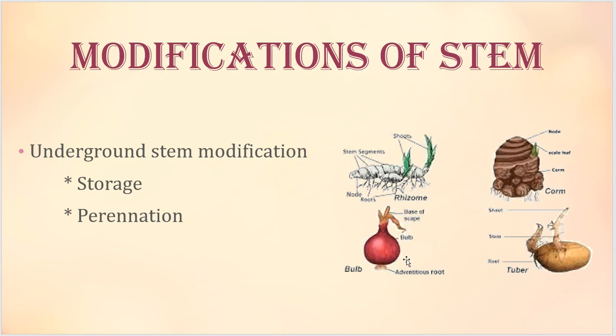And the fourth structure in underground stem modification is the bulb. The bulb is entirely different from the remaining three types because here the stem is highly condensed.